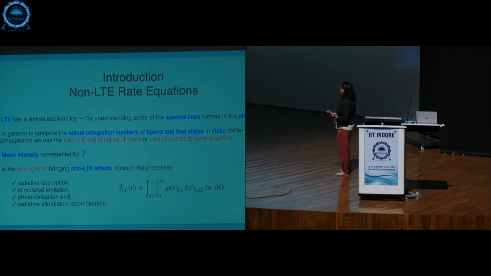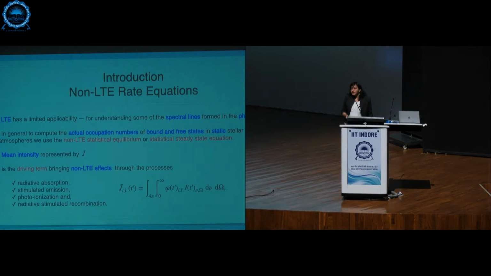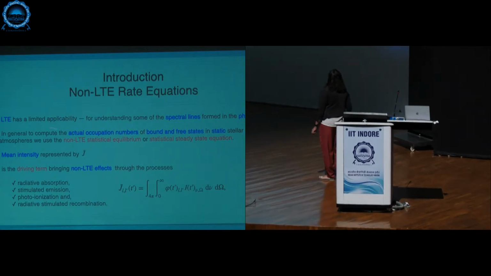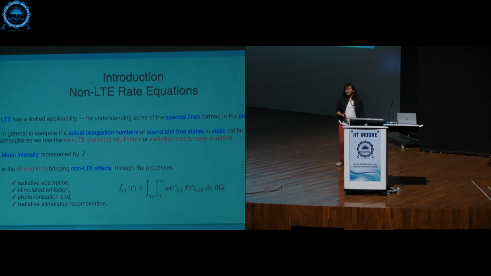the local thermodynamic equilibrium approximation has limited applicability. You can apply it to understanding photospheric spectral lines, for example, but in general, to compute the occupation numbers of bound and free states in a static atmosphere, we have to use what is called non-LTE statistical equilibrium or statistical steady state.